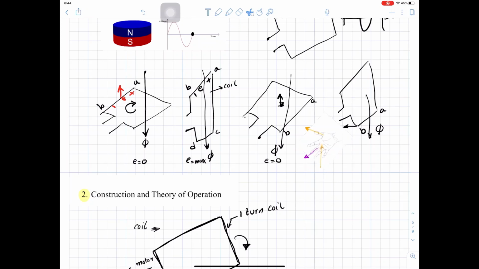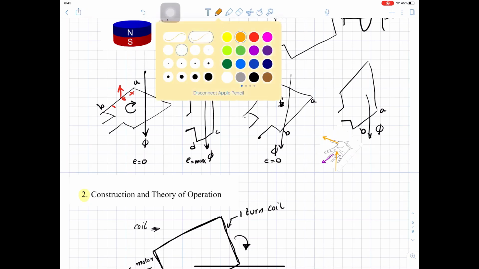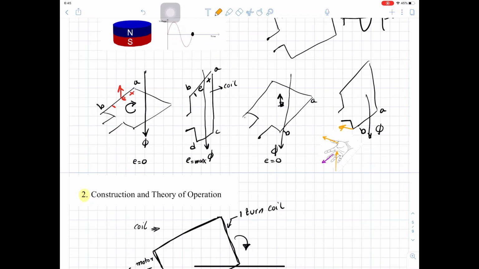So we will be receiving the flux into our hand, and here is the direction of movement. So this will be the direction of the voltage.